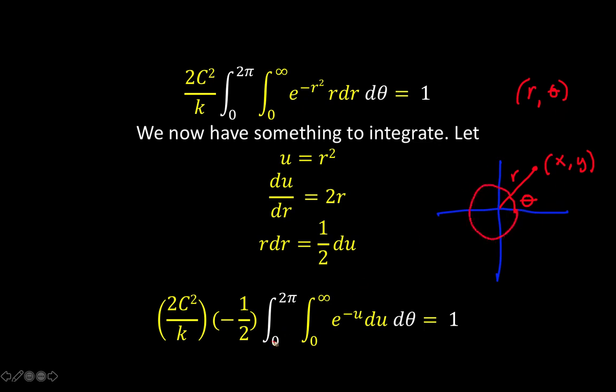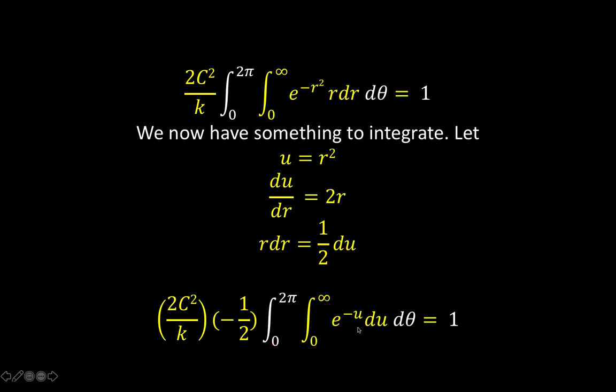That is the reason why for the radius, our limit of integration is from 0 to infinity, but for the angle, our limits of integration are from 0 up to 2 pi, which is one complete rotation around this circle. And again, we want to find the value of c here so that the area is equal to 1.